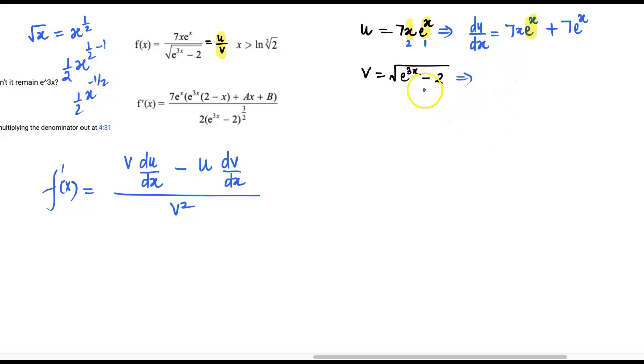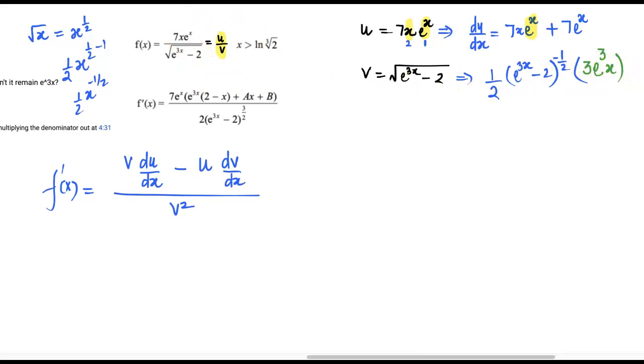So it would be half of e to the power 3x minus 2, to the power negative half. But because it's not x, it is something else inside the square root, if you differentiate that, we're going to get 3 e to the power 3x.